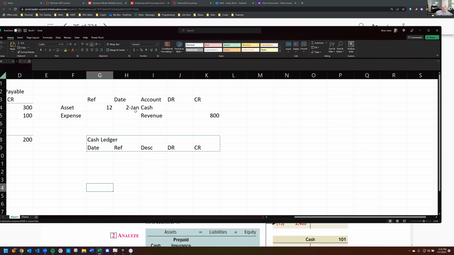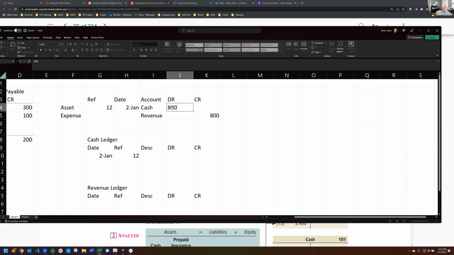Then copy this, and this will be a revenue ledger, right? So just following the same logic on the other one, this would have a date, reference of 12. Description, payment or services rendered, let's say. So I would have something like this. And then on the cash side, I'd have an $800 amount there.